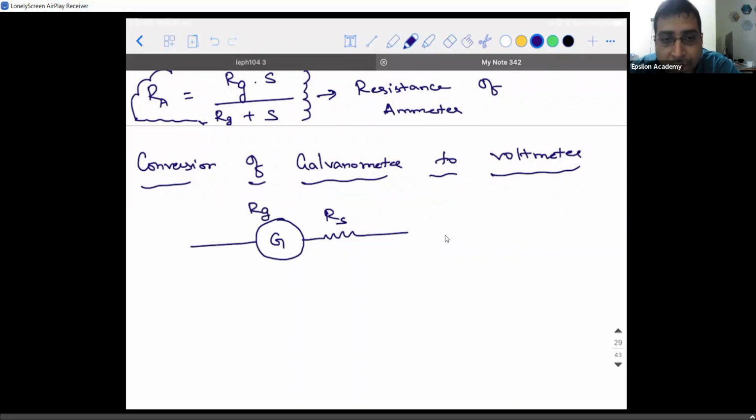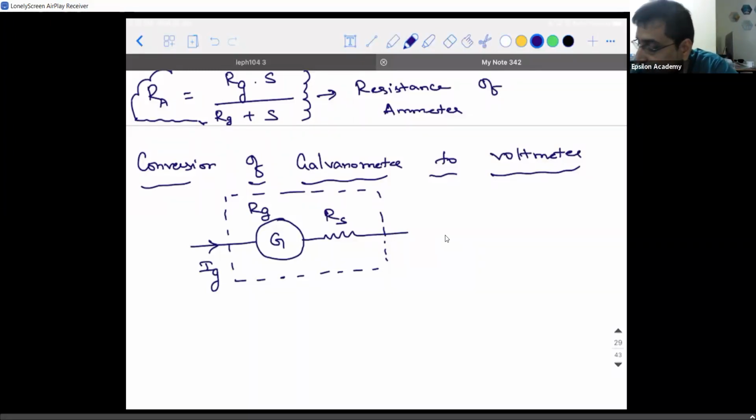Across this, if you connect a resistor in series, then this particular combination is what is going to behave like a voltmeter.